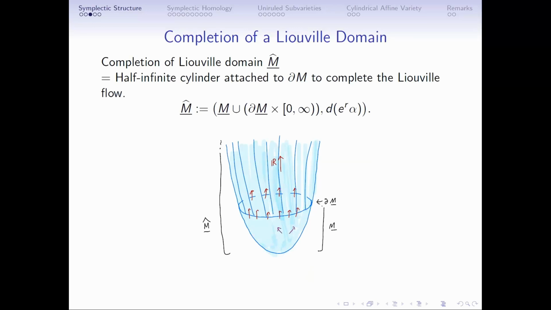Consider the contact boundary times the positive real line, and extend our contact form using symplectization. So we extend the symplectic form so that the flow of the Liouville vector field is defined for any time. So it's a completion of the Liouville domain, and the picture is like this, very simple.